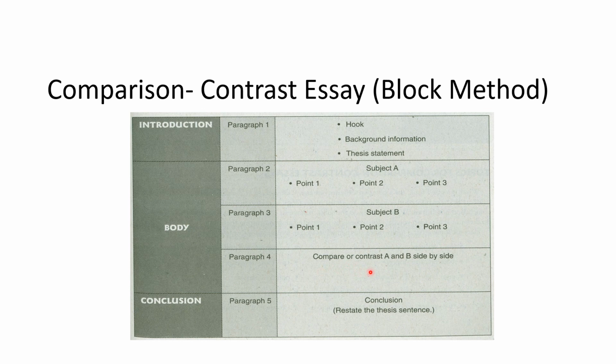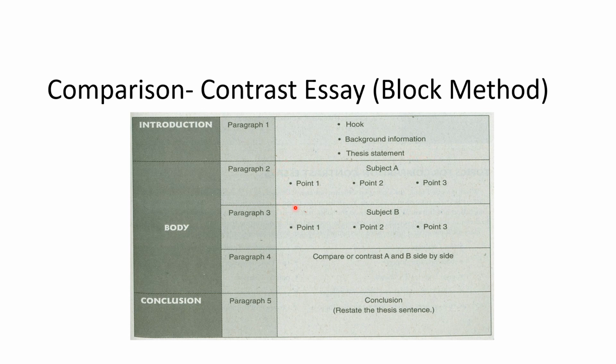And then after deciding, you next choose your structure or your method. If you would use the block structure, then this is how your essay would look like. So basically, paragraph 1 will still remain the introduction with these parts. The last sentence should be the thesis statement.